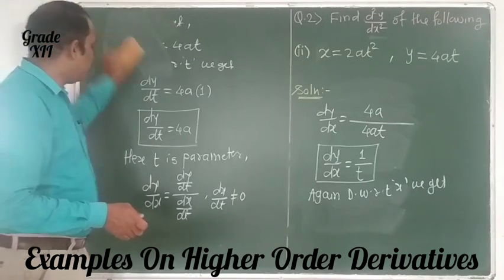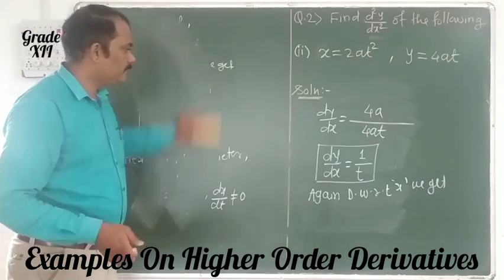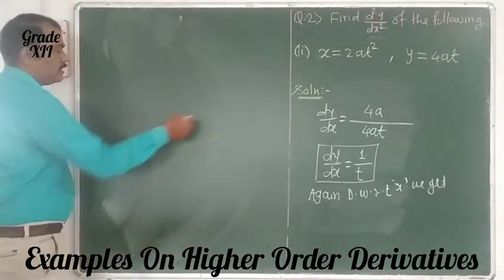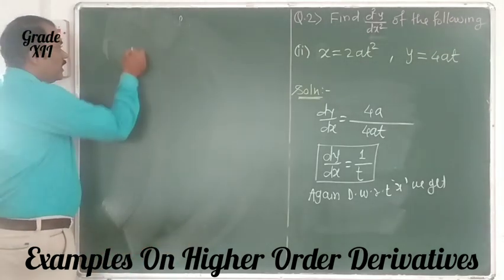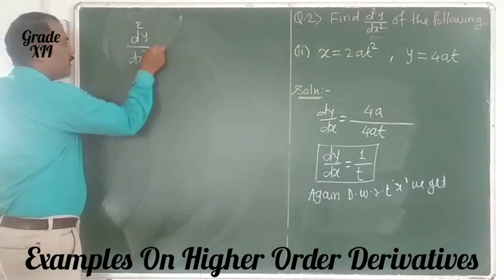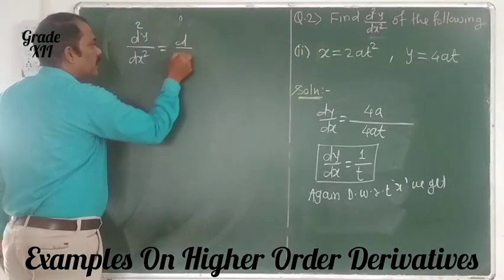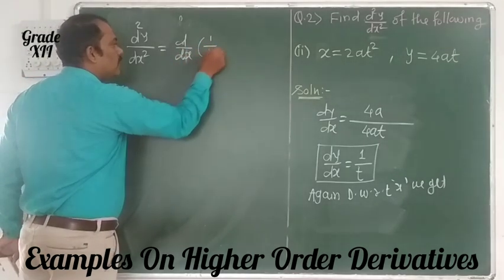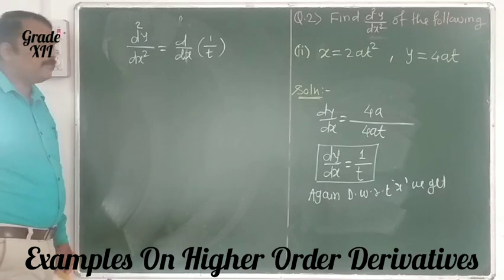The differentiation of dy by dx with respect to x is nothing but d2y by dx square, which is equal to d by dx of 1 upon t.